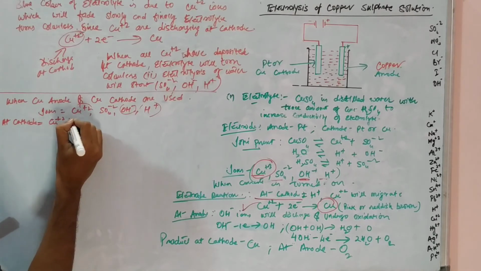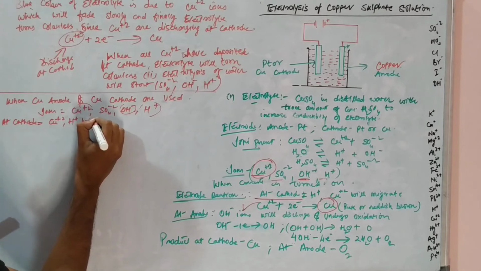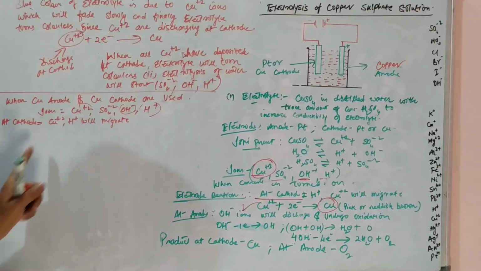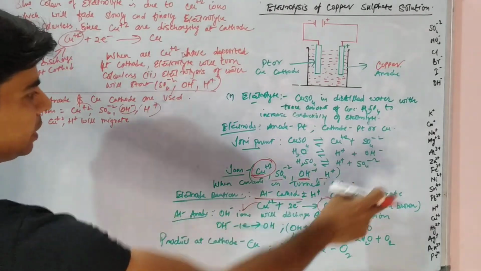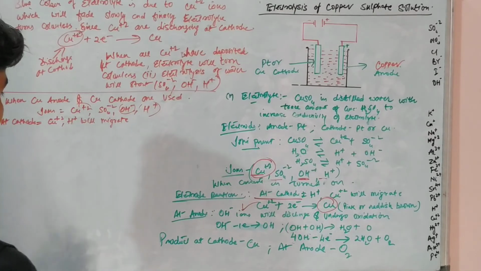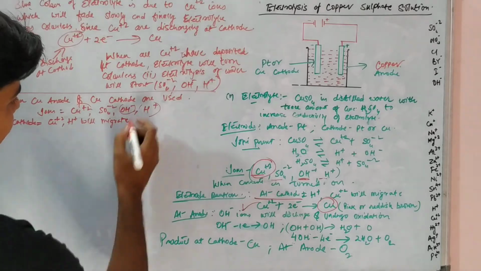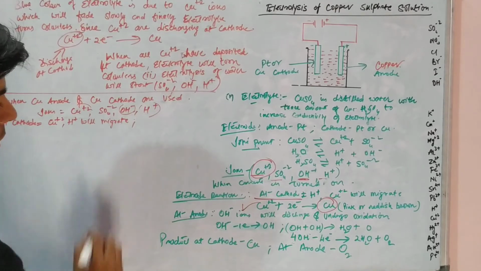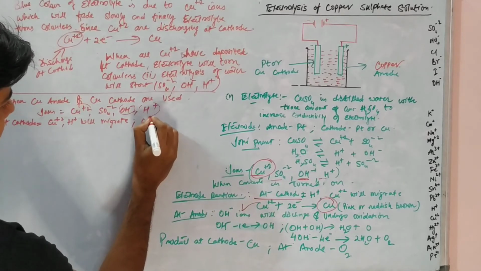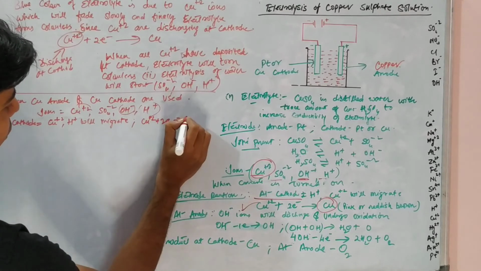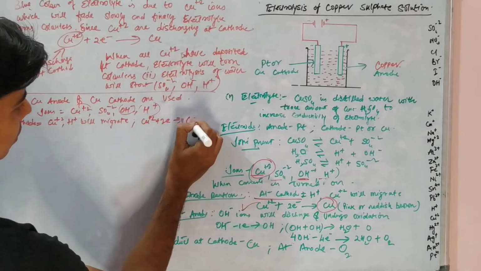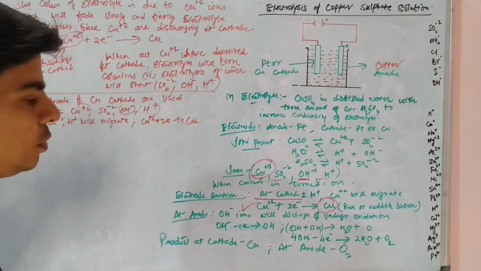Based on the selective discharge of ions, if we look into the electrochemical series, since copper is below hydrogen, copper will preferentially discharge, to form the similar reaction that we saw here. Copper will react, gaining 2 electrons, and will undergo reduction and form pink or reddish brown copper metal.